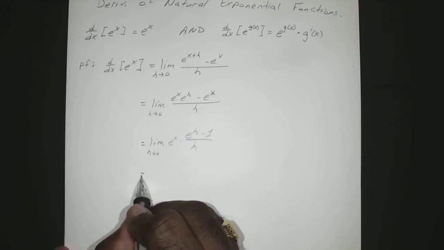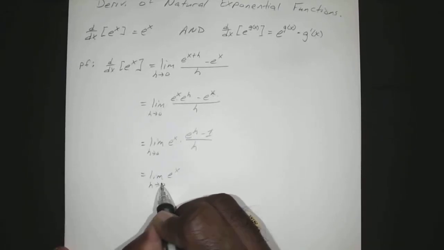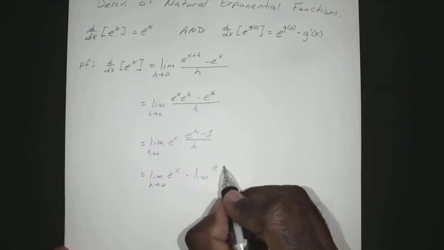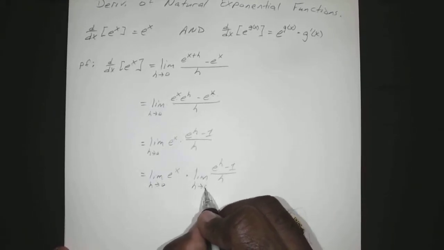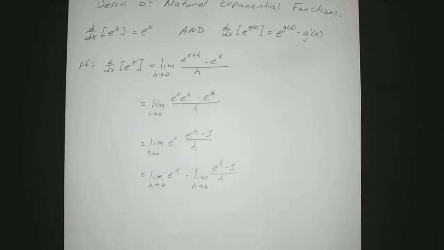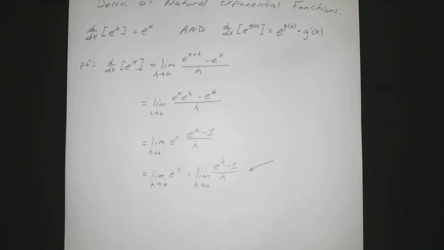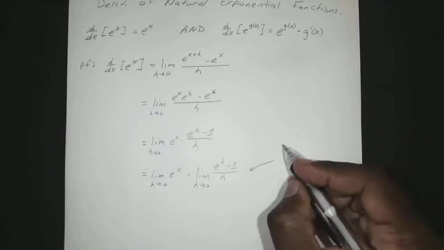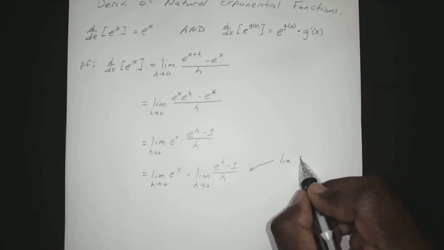Okay, which gives us the limit of e to the x as h approaches 0 times the limit of e to the h minus 1 over h as h approaches 0. Okay, so if we actually found the limit from the left and to the right approaching 0, you actually find that the limit is equal to 1.